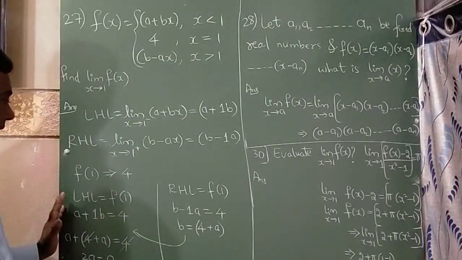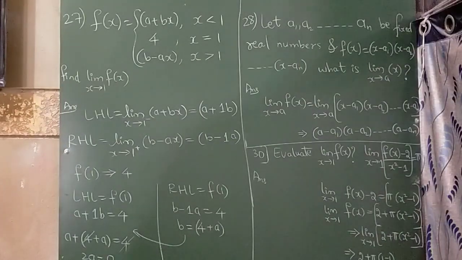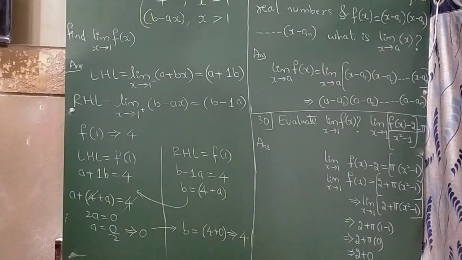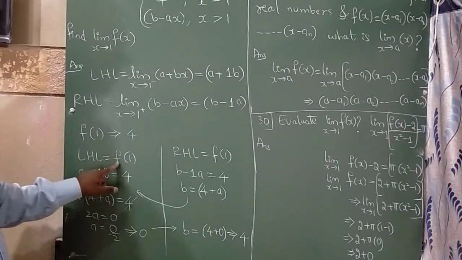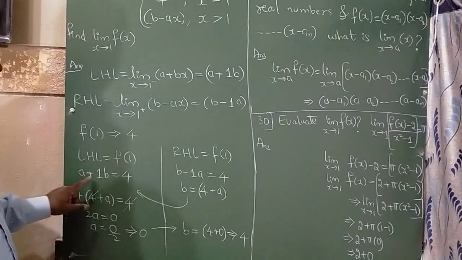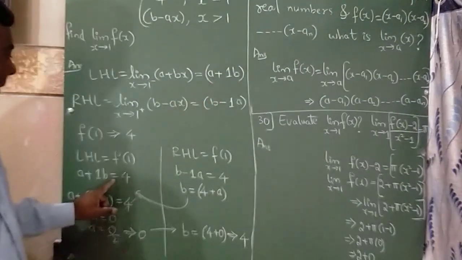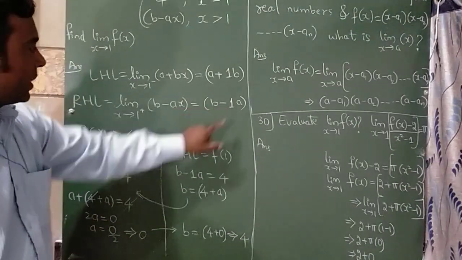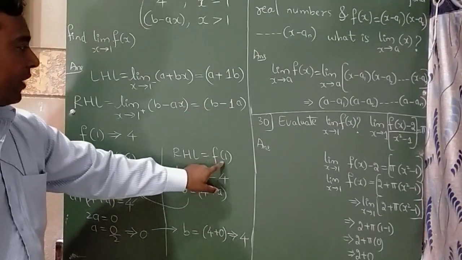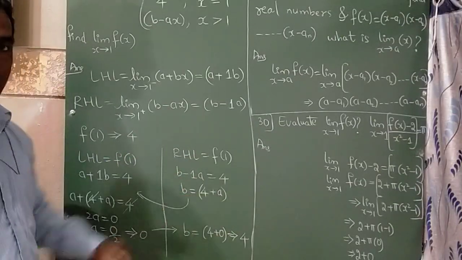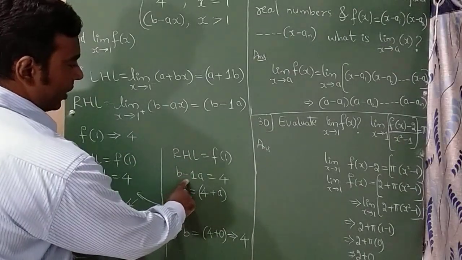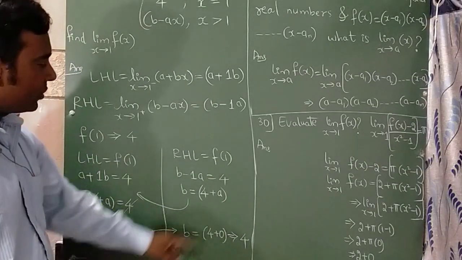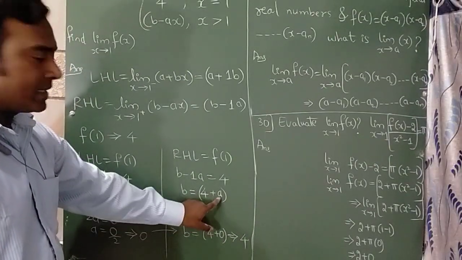Now here I have taken LHL is equal to f of 1. LHL is a plus 1b from here is equal to 4 from here. RHL is b minus 1a is equal to f of 1 is 4. So what I have done is this minus 1a will go to the right hand side, so it will become plus, so 4 plus a.